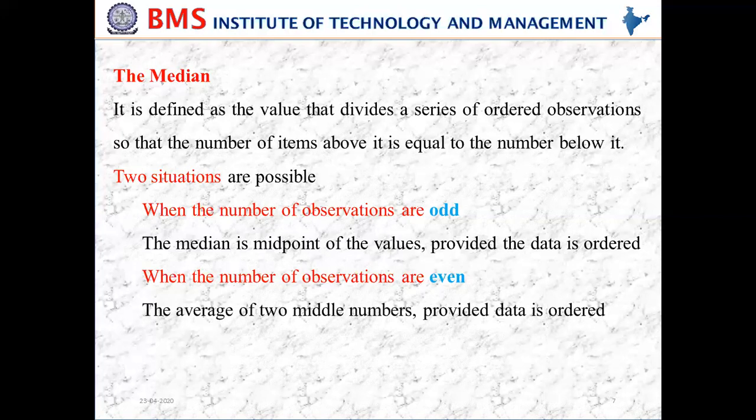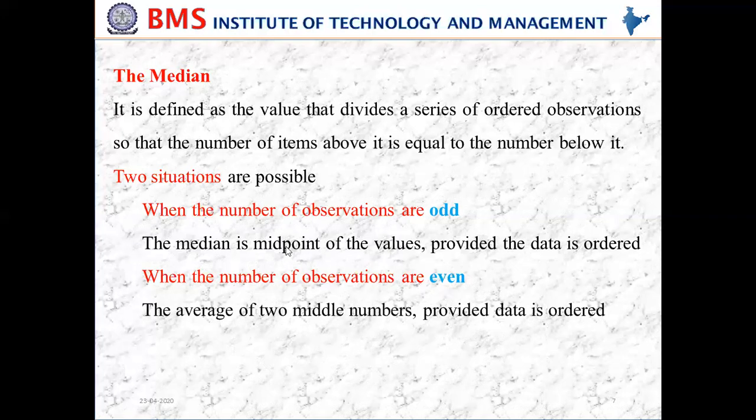So the median divides the data into two equal parts. If you count the number of observations above and below the median value, it will be the same. In the calculation of the median, two situations are possible.